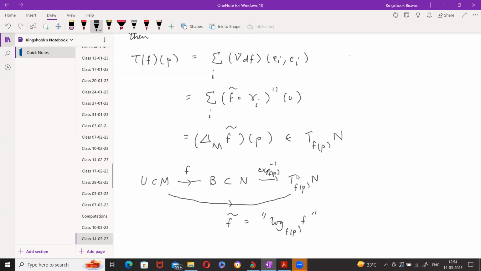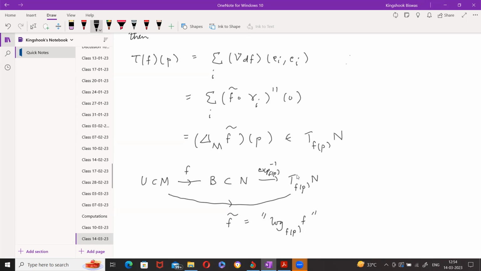So it shows you that the tension field is a sort of nonlinear Laplacian, right? It's a nonlinear operator, but it's given by, see, the nonlinearity is contained in this log f, right? So first you take log f so that f becomes a vector valued function, right? F tilde, and then you take the Laplacian of a vector valued function, right?